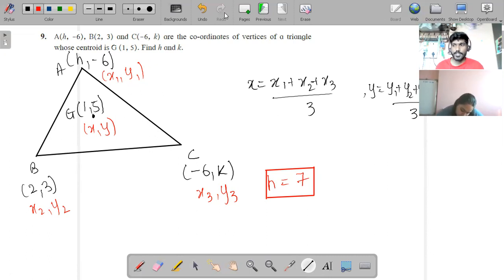If h equal to 7 is correct. K equals to 18. Correct. K is equal to 18.